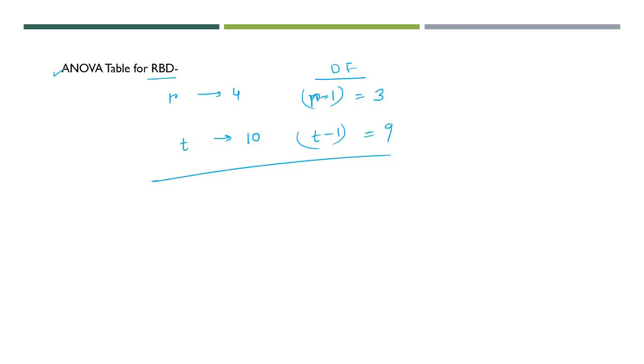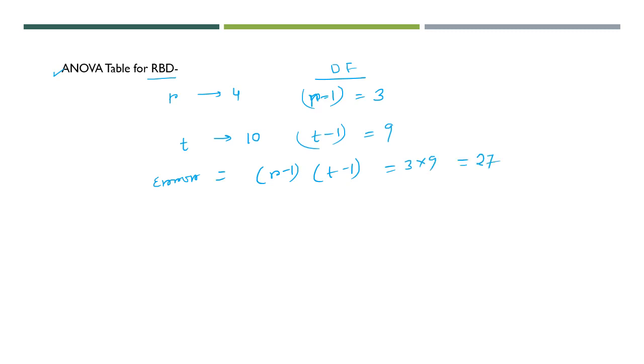And what will be the error? Error will be r minus 1 times t minus 1, that is 3 into 9, that is 27.